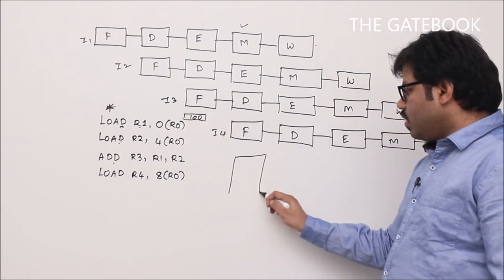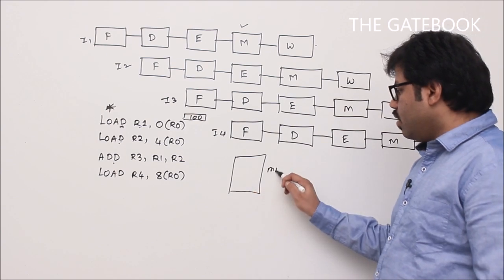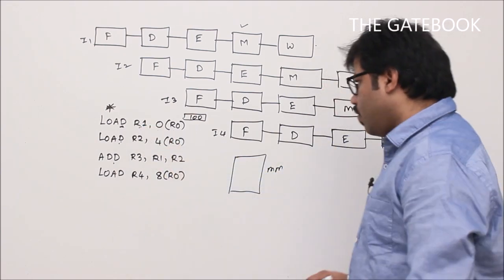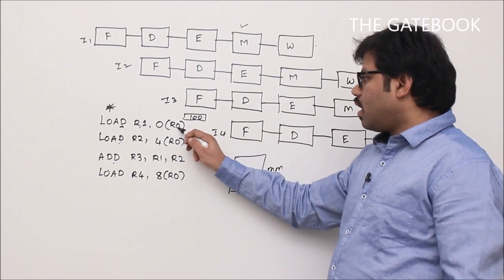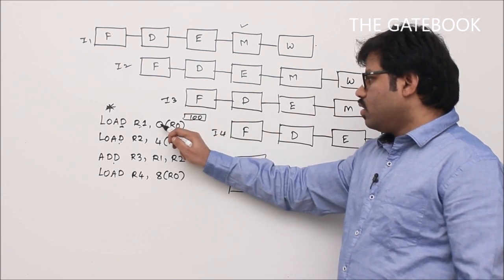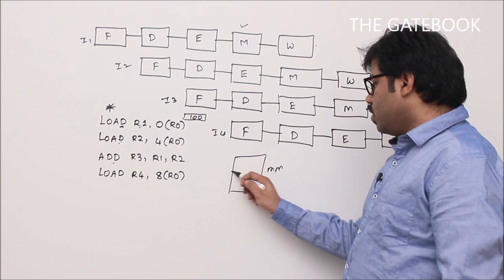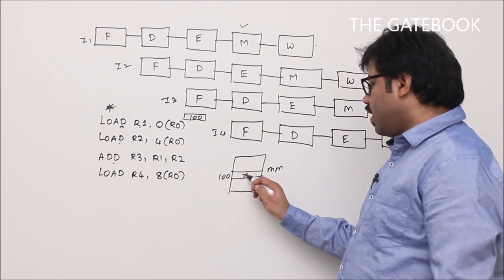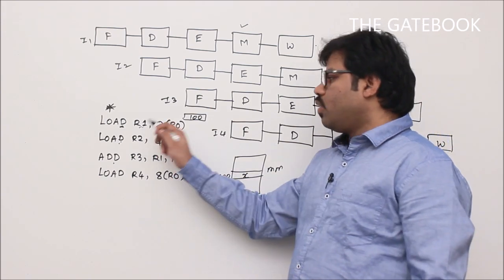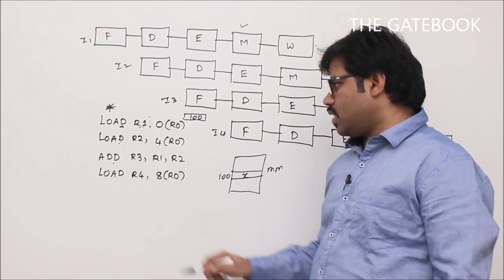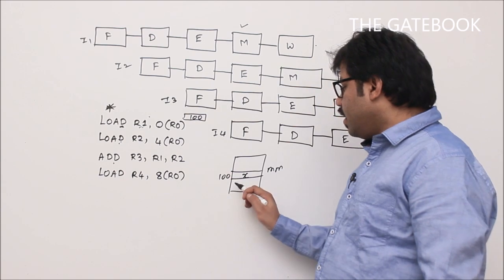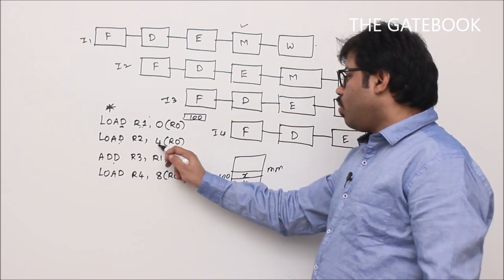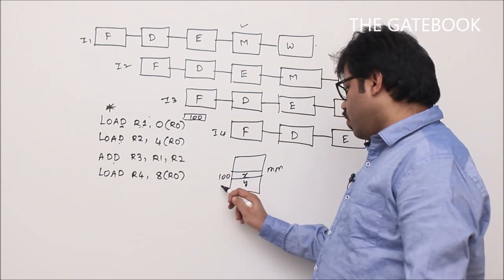Okay, so what is going to happen is, this is your main memory. Because of this instruction load R1, 0 of R0, and R0 is 100, content of R0, so 0 plus 100, 100. So we are going to main memory of 100, and whatever the data, let's say X, then X we will be writing into R1. That is the meaning of this first instruction. Second instruction is getting some data from 4 plus R0, which is nothing but 104, right?